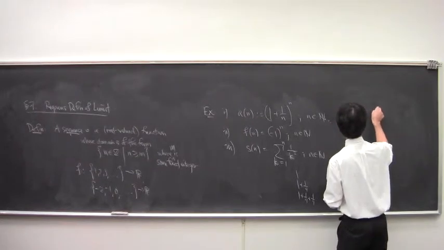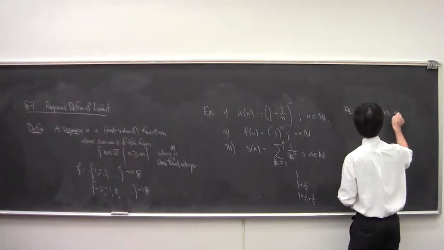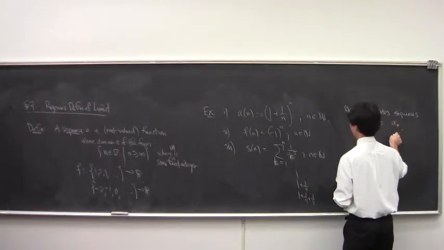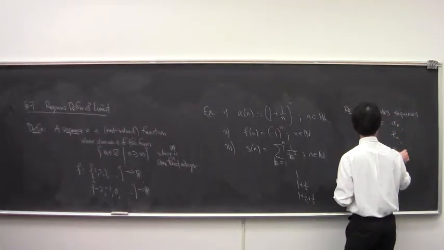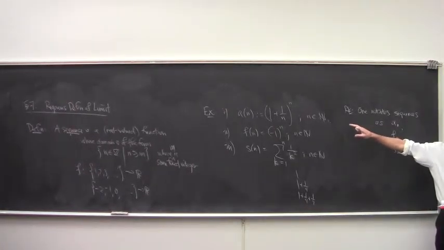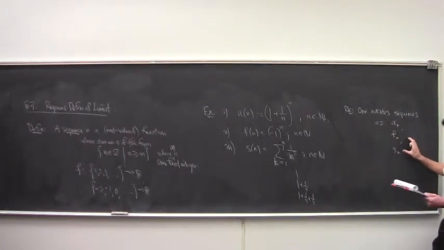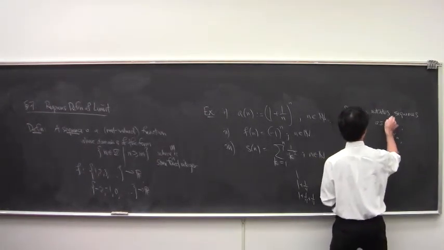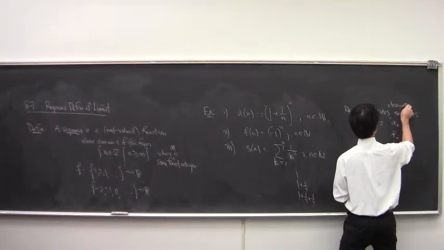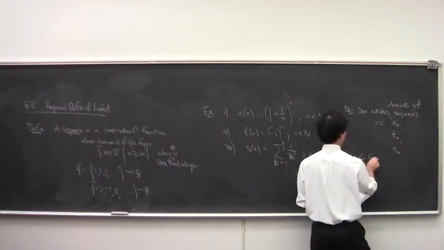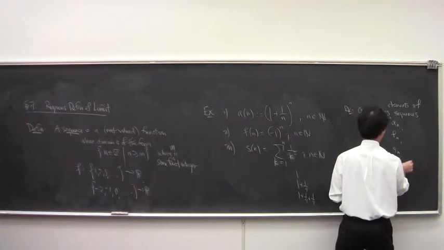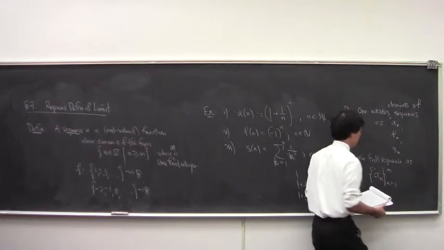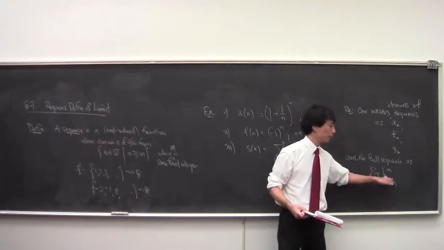One usually notates sequences as a sub n, s sub n. So you don't use the function notation. You use these sequence notations for the elements of sequences, and the full sequence as something like this: the sequence a sub n as n goes from 1 to infinity.